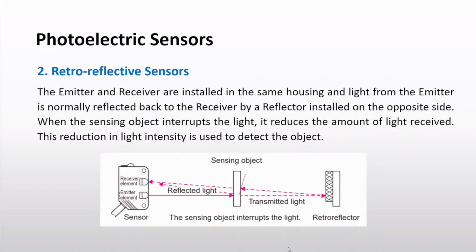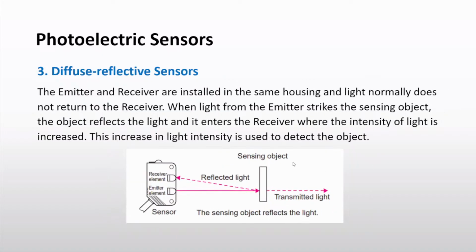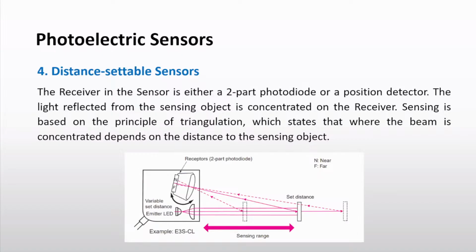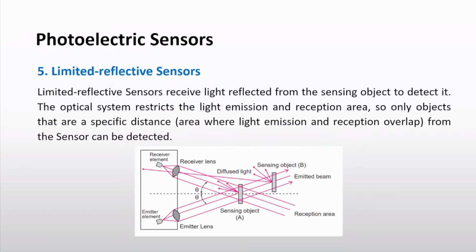And in the retroreflective sensor or the diffuse reflective sensor, in all cases, regardless of the position of the object, the receiver detects the change in light intensity. But in the limited reflective sensor, it's not like that. It only detects the object when it is placed at a specific distance.